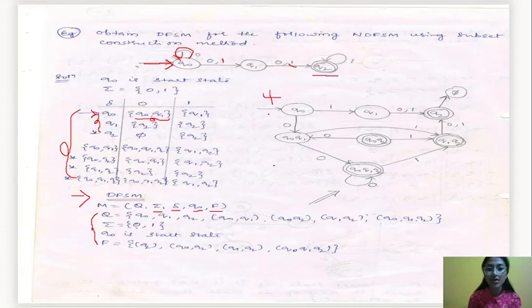According to this table, write the transitions with input values. Like from Q0, there is a transition of input value 0 to Q0 and Q1, and a transition of input value 1 from Q0 to Q1. This state is totally different from this state because this is a newly obtained state. This one is the given state.